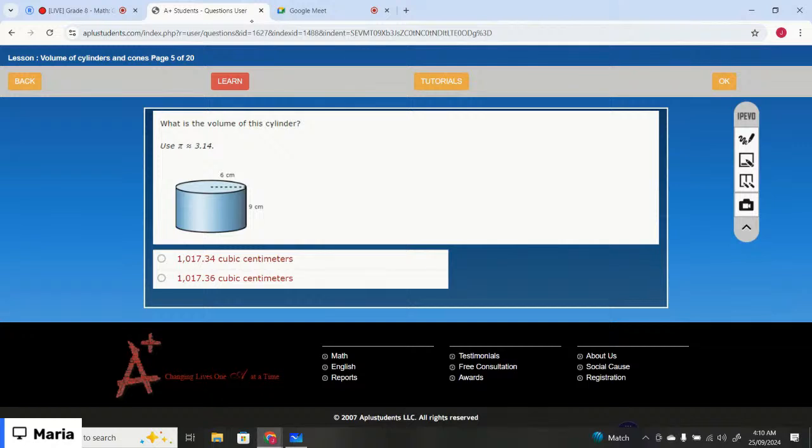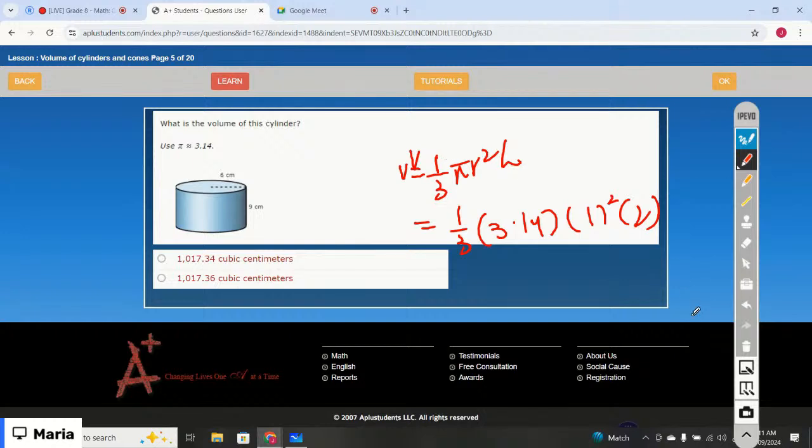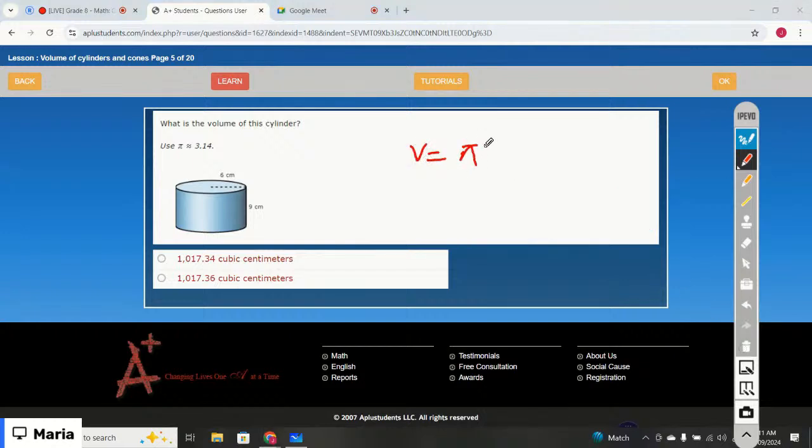What is the volume of the cylinder? That is V equals pi r square h. 3.14 times r square, 6 square, and h is 9.